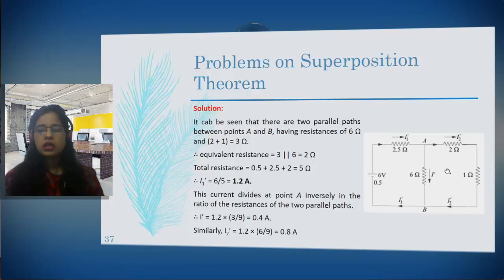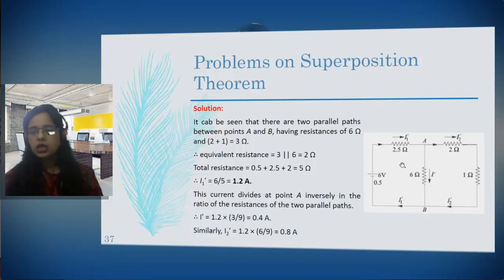This equivalent 2 ohm resistance is in series with the 2.5 ohm and the 0.5 ohm internal resistance of the voltage source, which is also considered as resistance. So 2 plus 2.5 plus 0.5 gives the resistance of the circuit, which is 5 ohm.